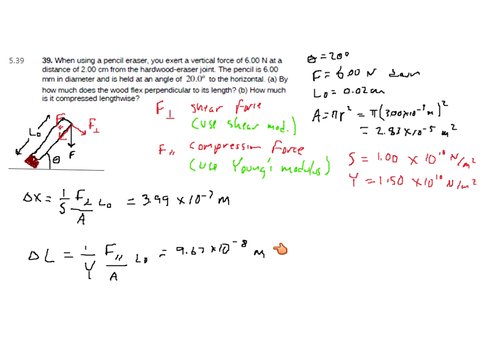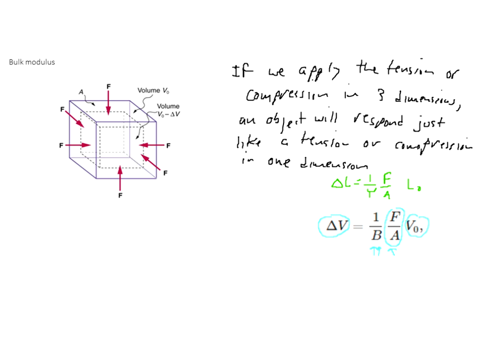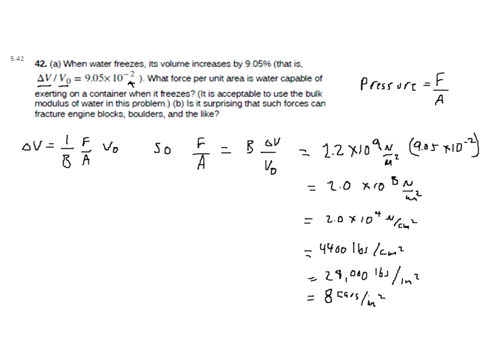Or if it's a soft eraser, the eraser is squishing. The same sort of thing happens in 3 dimensions as well. Think of a pop can or a water bottle put in your freezer. Because pop is basically mostly water, it exerts a huge amount of pressure. Thanks, and we'll talk to you later.